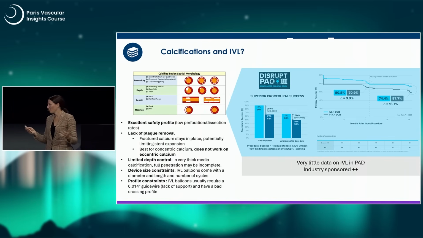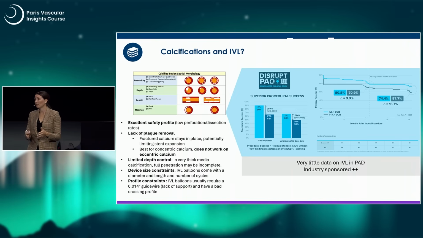But there are a few problems, I agree, with IVL at the moment. There's lack of plaque removal. Like Gilles said, the plaque is going to remain in place. We're just going to crack the calcium. We don't really control depth, at least with the IVL balloons that we've got now. So if it's a very bulky plaque, we might not go all the way through the plaque. And then you're going to pick a diameter and length.